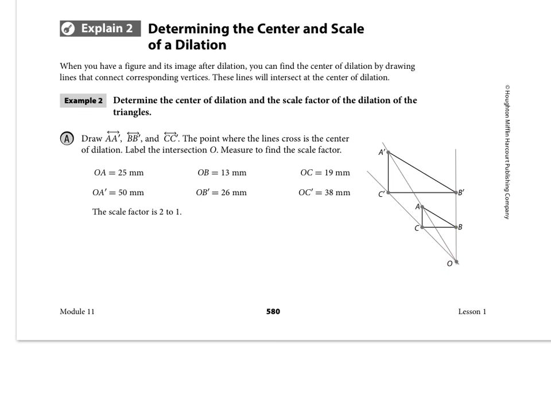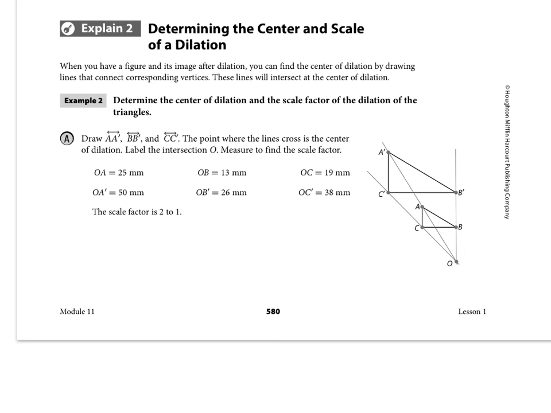And now that we've determined the location of the center of dilation, to determine the scale factor, what we're going to do is measure each of the segments. So you can see that we're going from O to A originally, and then from O to A prime, and you can see that we've gone from 25 to 50 millimeters.